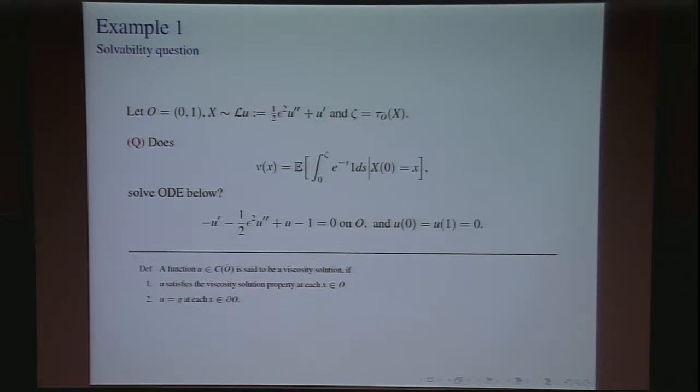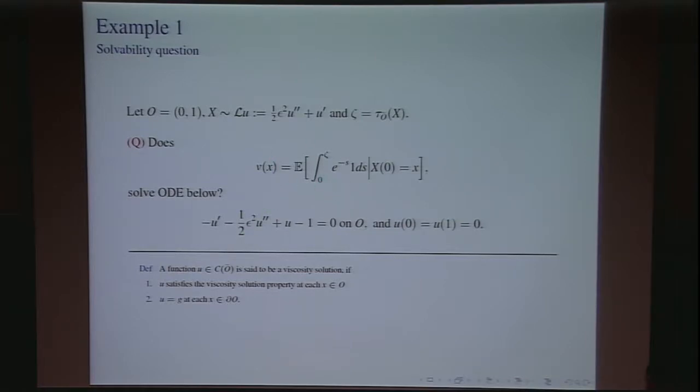That means X is just t, the first order term corresponds to t, plus volatility epsilon W_t, with some initial point. Now zeta is the time it escapes from this unit interval. And the dividend is just 1 unit and no terminal reward. So this is V of x.